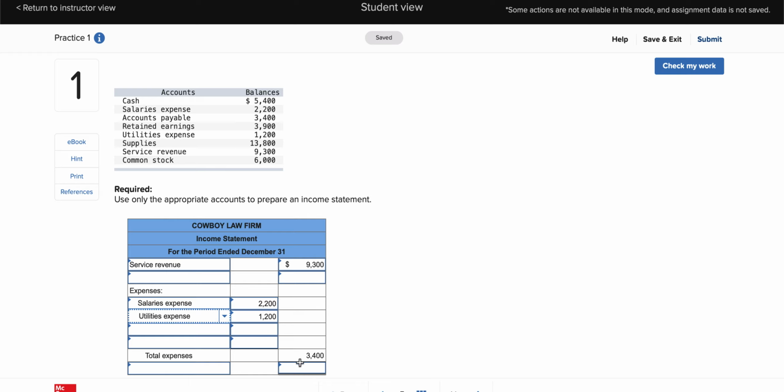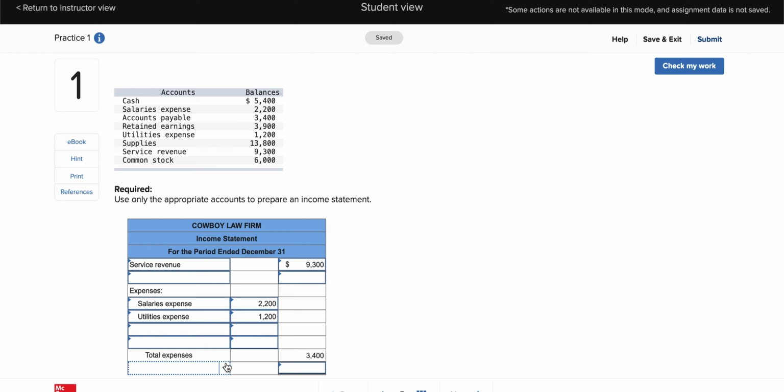So what we end up with is everything involved in that calculation is going to be in this far right column. We find revenues minus total expenses, and that will give us our net income. Drop down net income here.